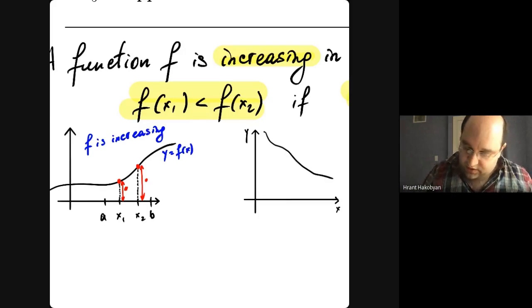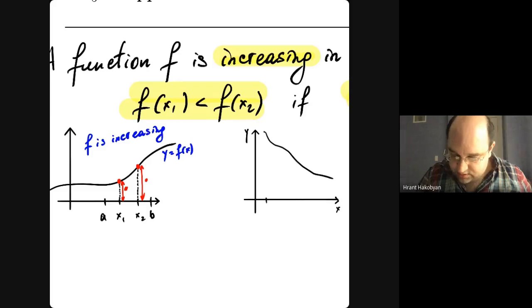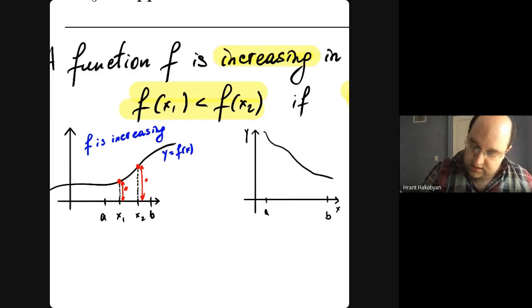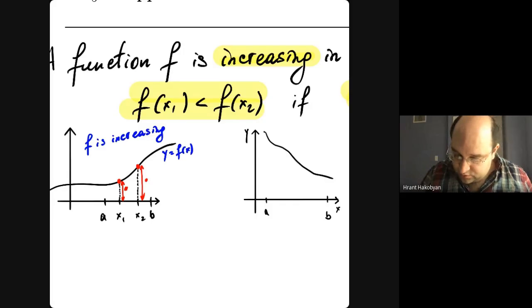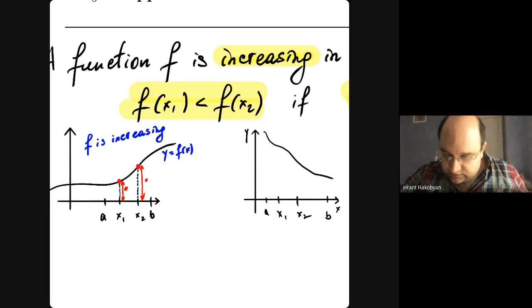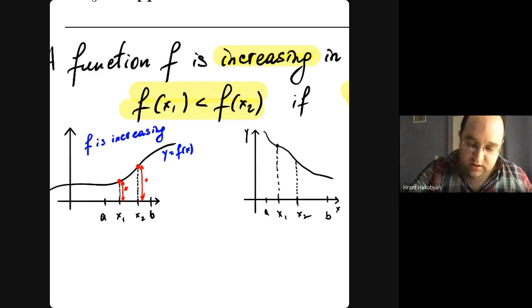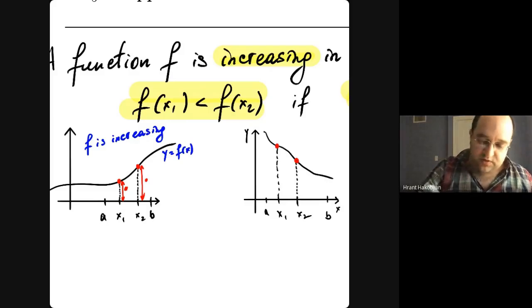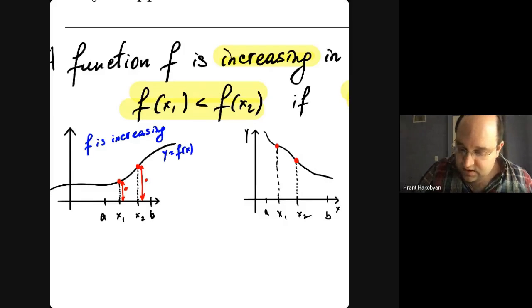Then if I again pick points, so this is my A, this is my B, and in that interval, I pick any 2 points, let's say x1 and x2. If I have that at a later point my function is smaller, then I have that the function is decreasing. So that's an example of something where f is decreasing.